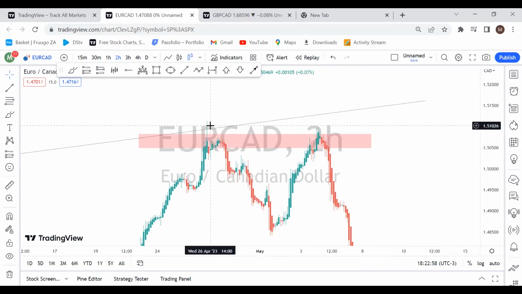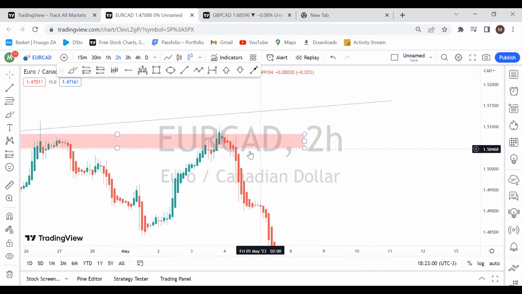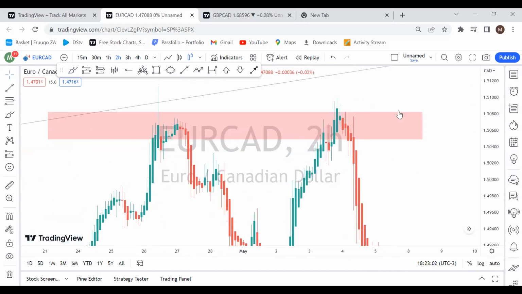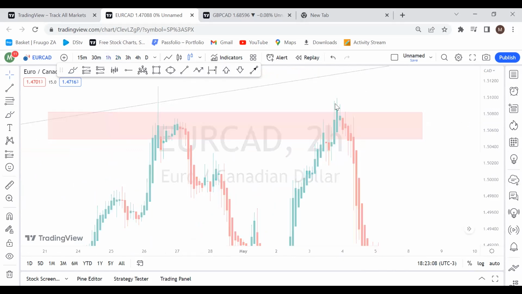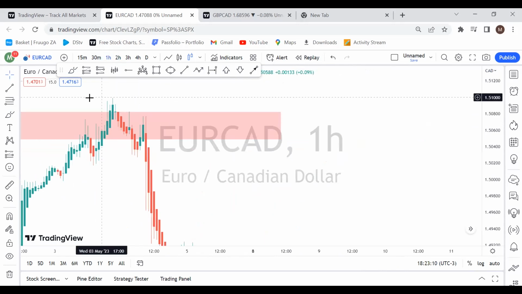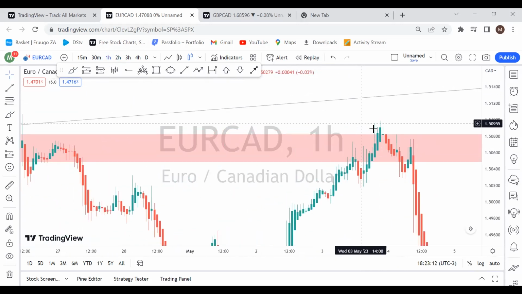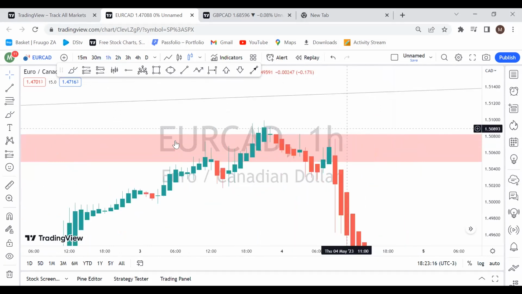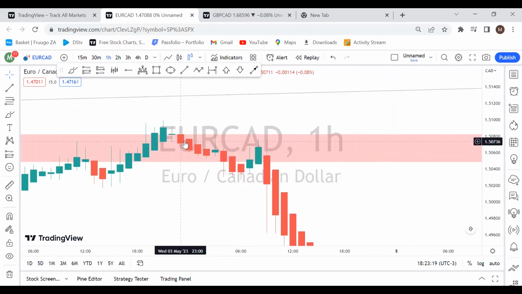I mean the 2 hour time frame, yeah. So as you can see right here, we have reversal candlesticks right there. And if we go down to the hourly time frame, you can see it very well that we have this candlestick right here. This is a reversal followed by a bearish movement.